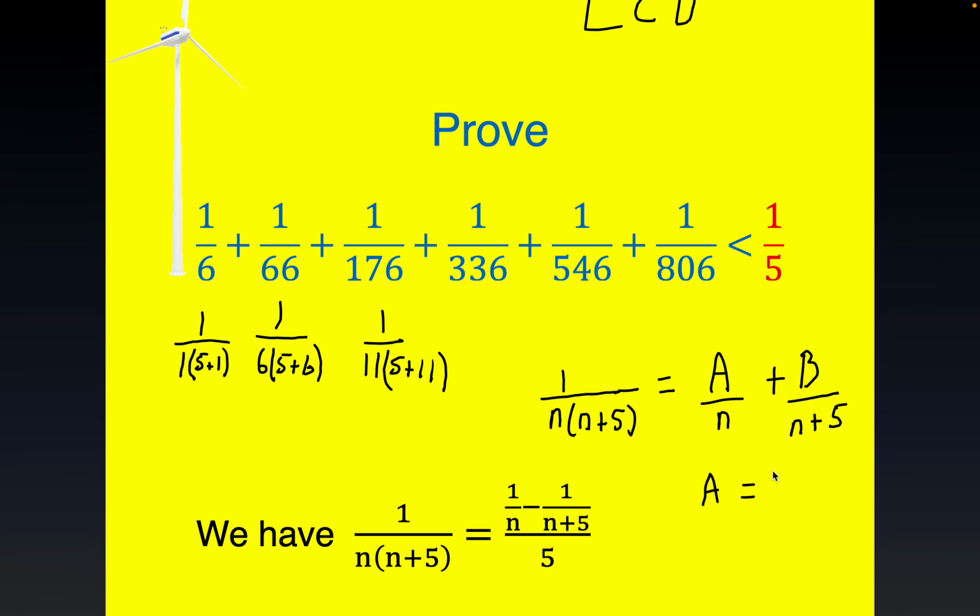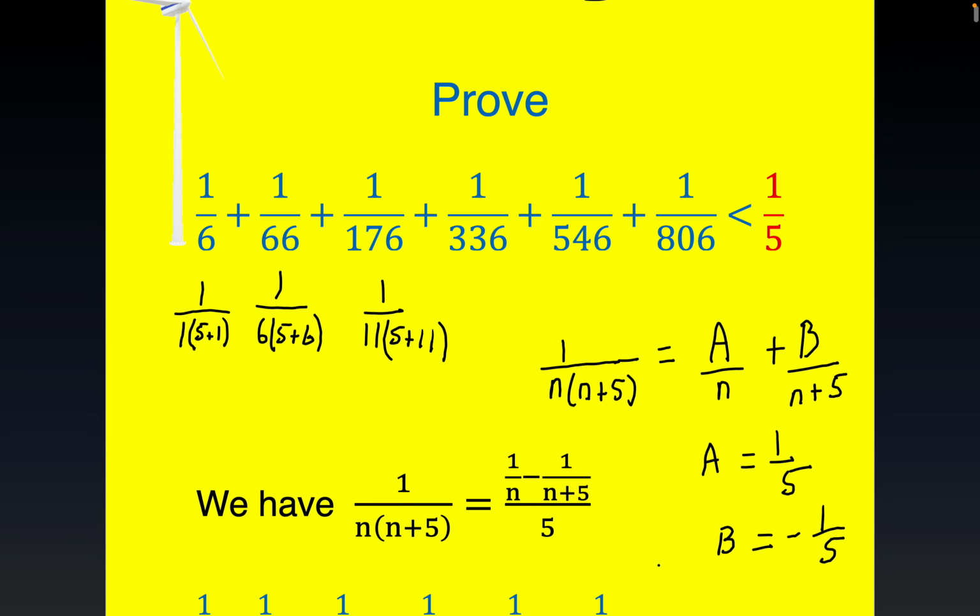You'll get A is equal to 1/5, and B is equal to minus 1/5. But again, this is a fairly famous type of algebra manipulation in math competitions. Most people just know this when they're competing, but this is how you would go from here to here. And there's just a couple of intermediate steps to get to these two constants.